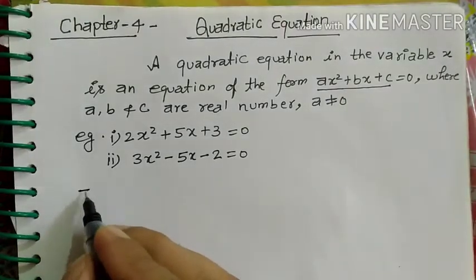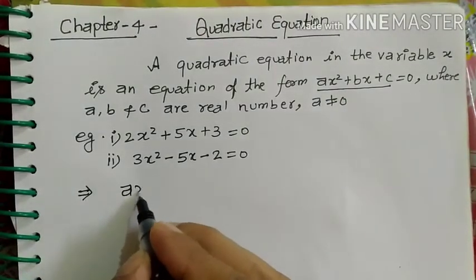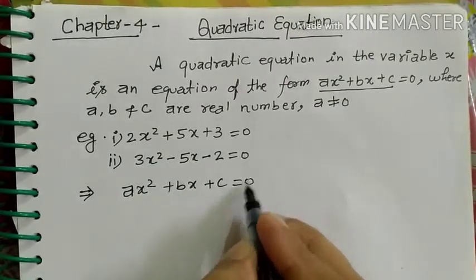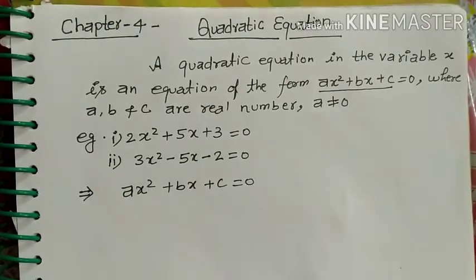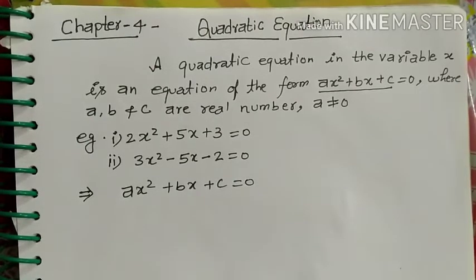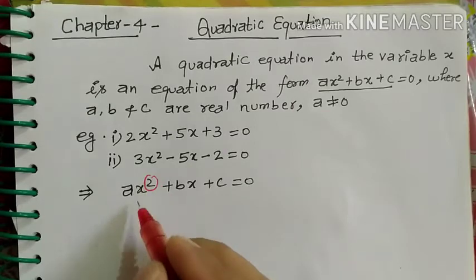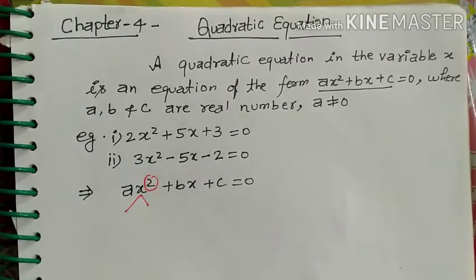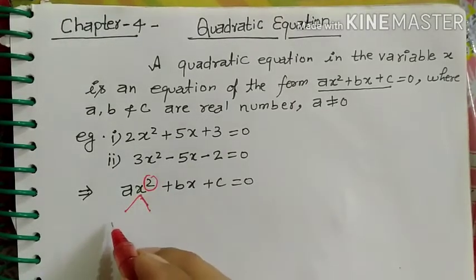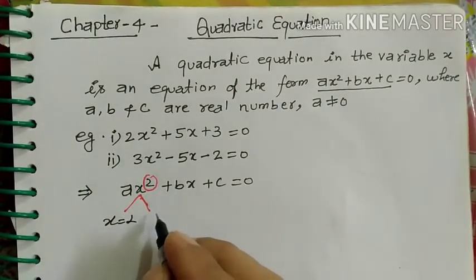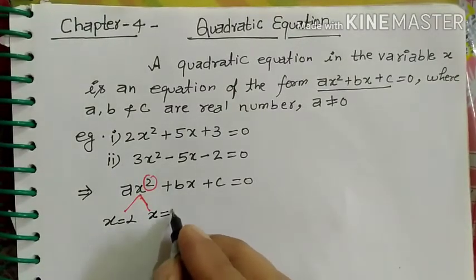Suppose we take ax square plus bx plus c equals 0, then we can say that x has degree 2, that means x has 2 values. यहाँ x की 2 वैल्यू होगी. Suppose the first value is x equals alpha and the second is x equals beta.